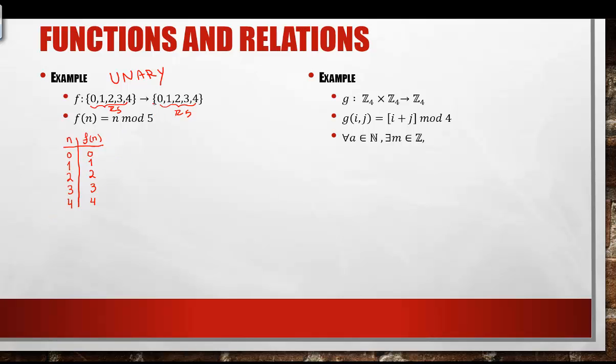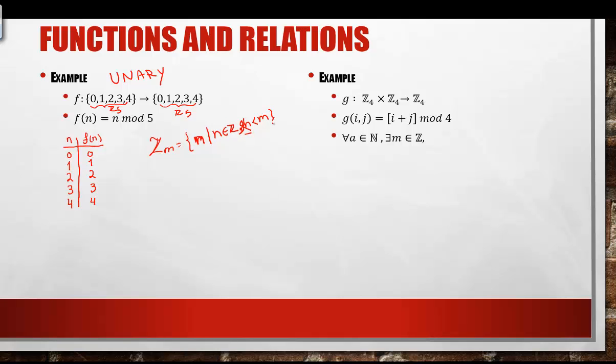To simplify these guys, I can use the definition of z sub m to be the set of all n values, such that n belongs to z and n is less than m, greater than or equal to 0.